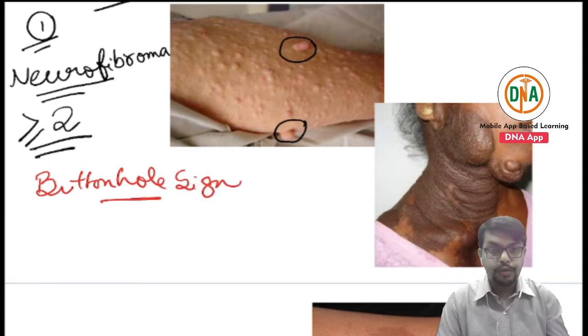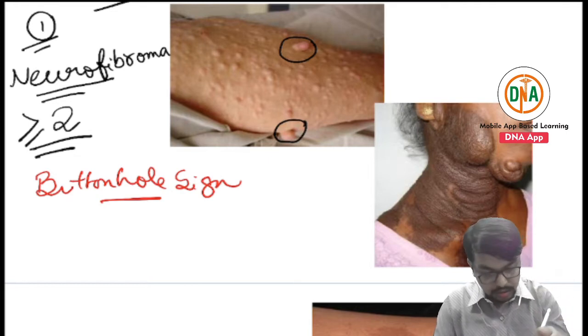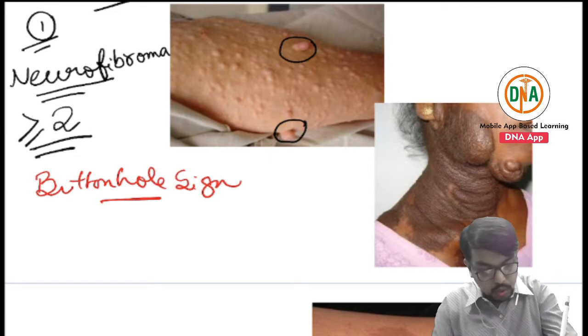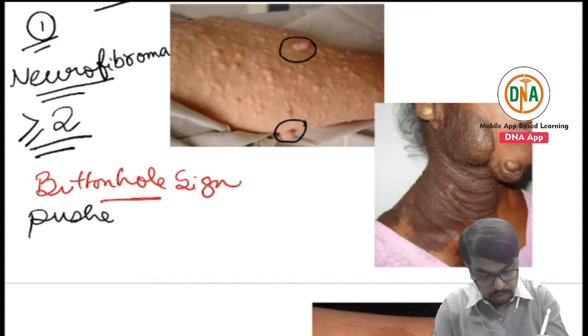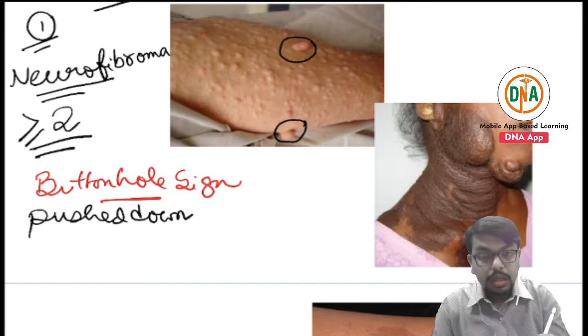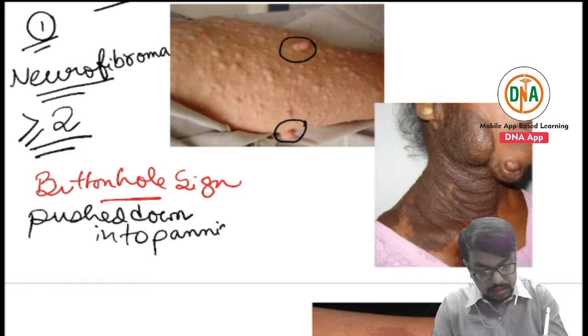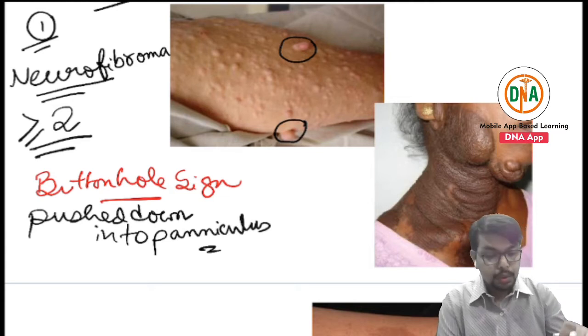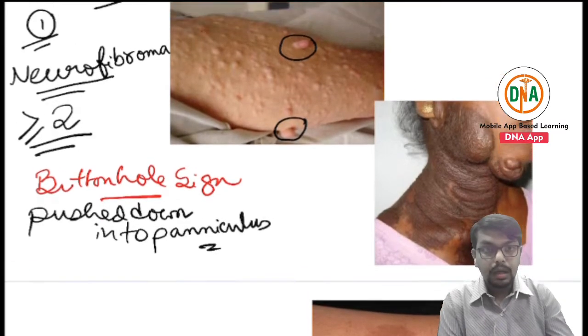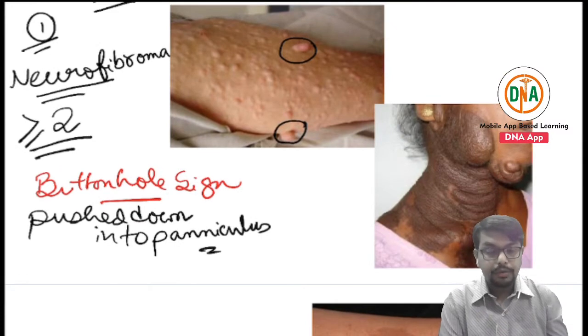As it is a soft tumor, when it is pushed down, it goes into the panniculus, that is subcutaneous fat. This is known as buttonhole sign. So 2 or more neurofibromas is a diagnostic feature.